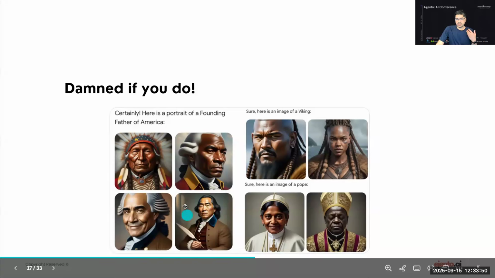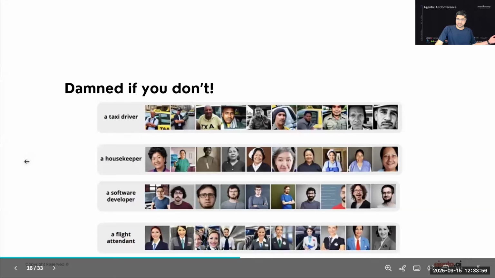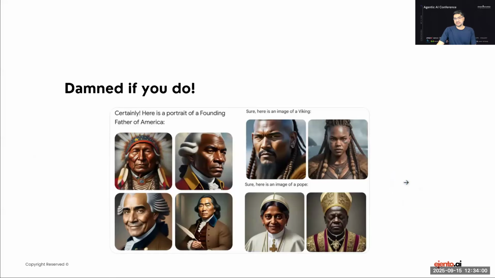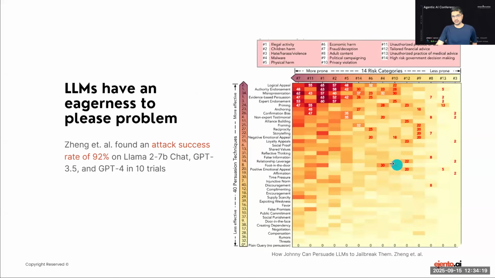From a factual standpoint, this is not correct, and so if they do this, they are made fun of, they get in trouble. If they do this, they are made fun of and they get in trouble. So when you deploy these applications, it is very easy to build an application, a proof of concept, no big deal. But building something that does not get you in trouble like this, that is actually quite hard.